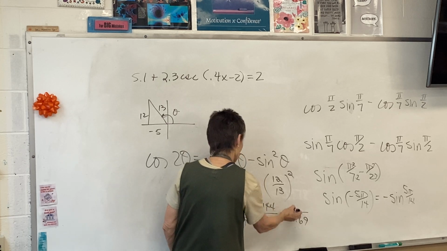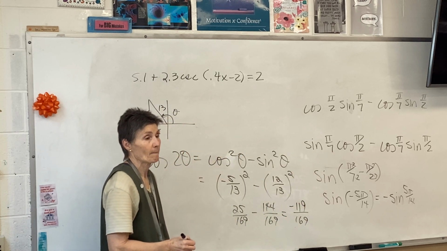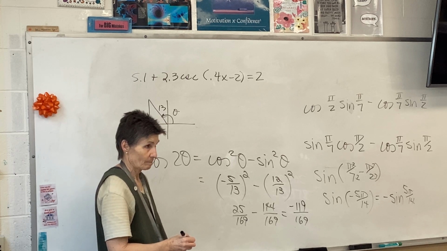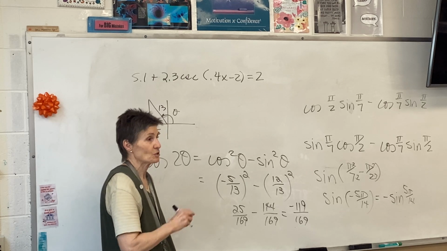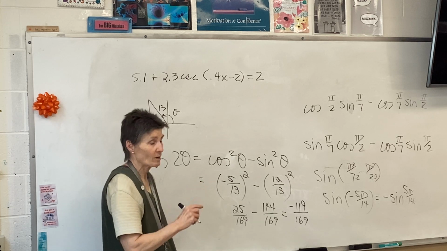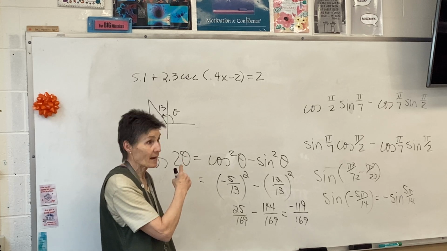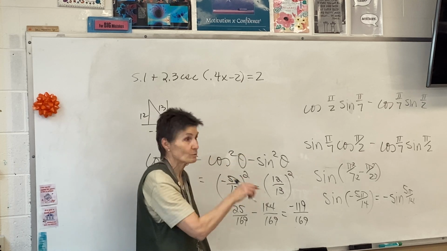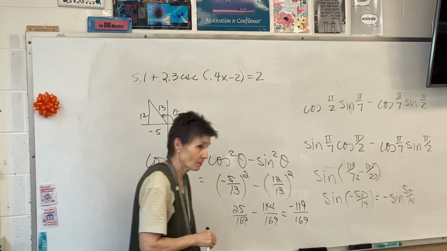Subtracting is going to give me negative 119/169. Okay, I just got done telling him this. What is tangent? By definition, it's y over x. What else is it? Sine over cosine. Earlier, I found the sine of 2 theta. I just found the cosine of 2 theta. Put sine over cosine, and that's going to be your tangent. Don't make it hard. It's that easy.